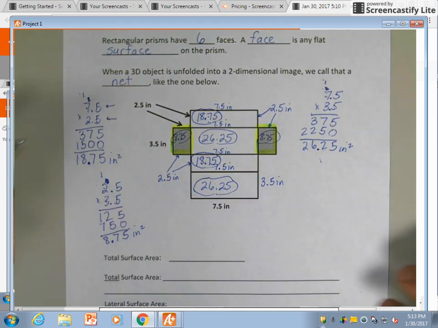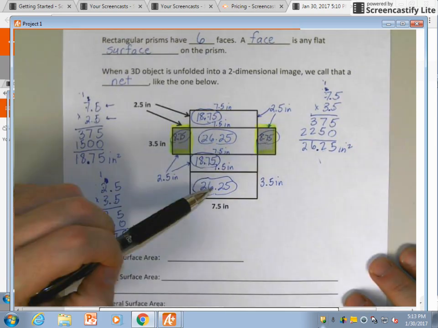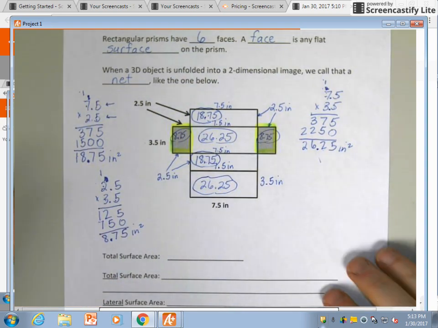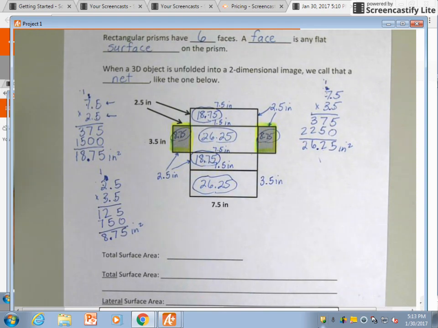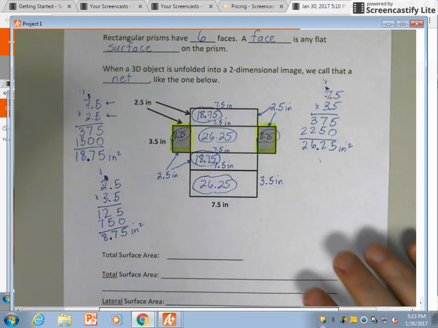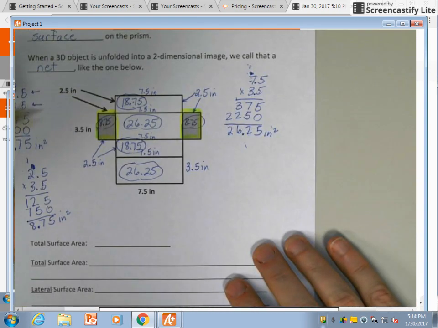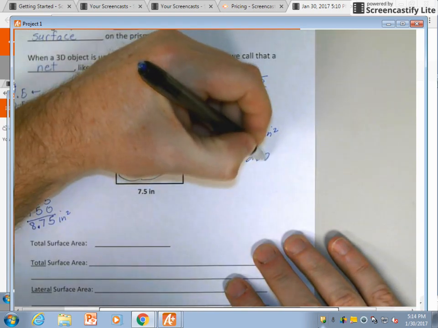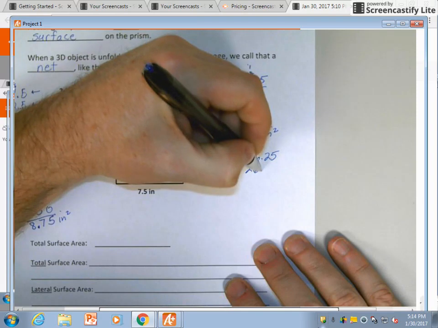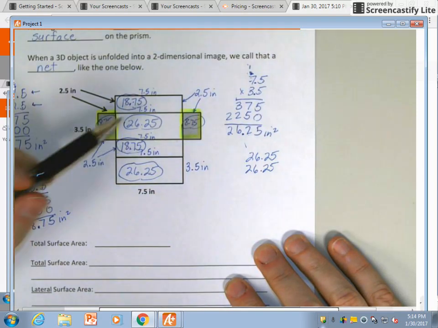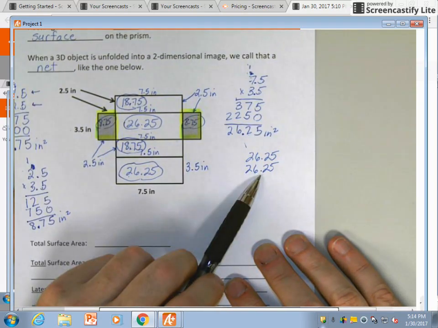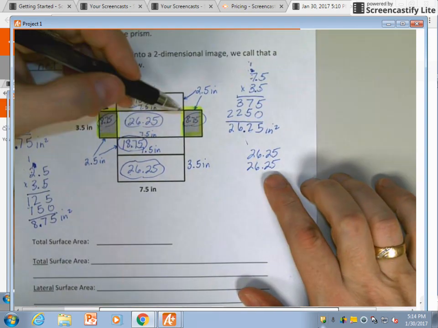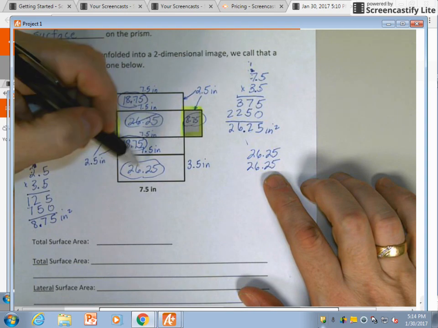And so what we want to do is take all 6 of the areas of each of these shapes, and to find the total, we're going to add those together. So 26.25 twice. Once I have put those into my addition line, I'm going to cross those out.